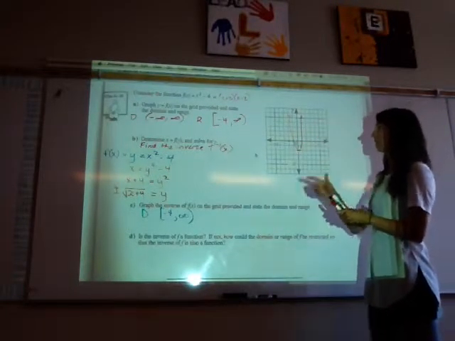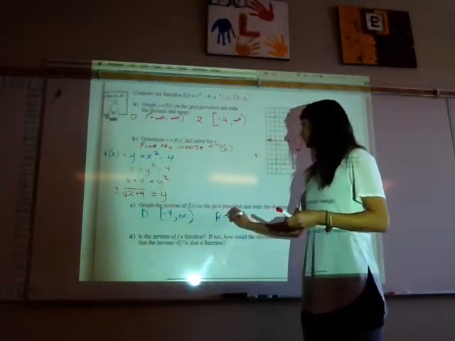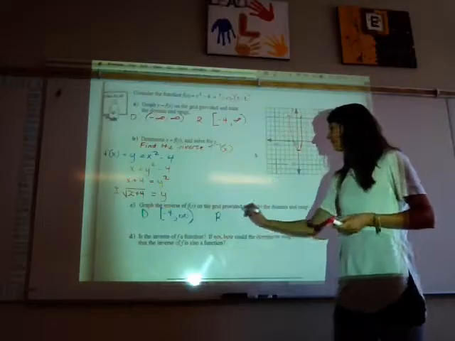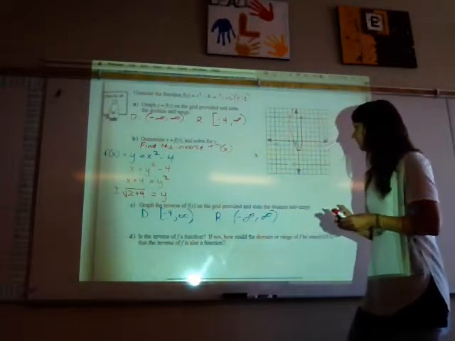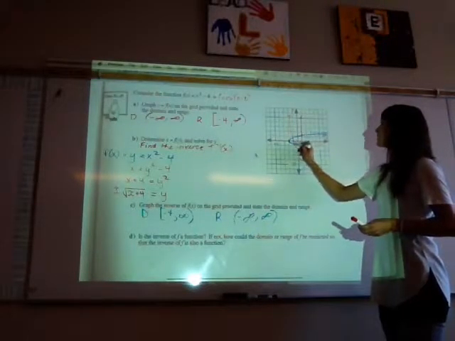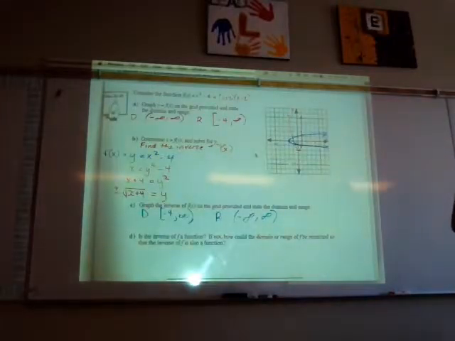So I just mark that on my graph at negative 4. And the range of the inverse will come from the domain of the original function. So that will be an element of all real numbers, which means y will go forever to infinity and to negative infinity, or beyond.